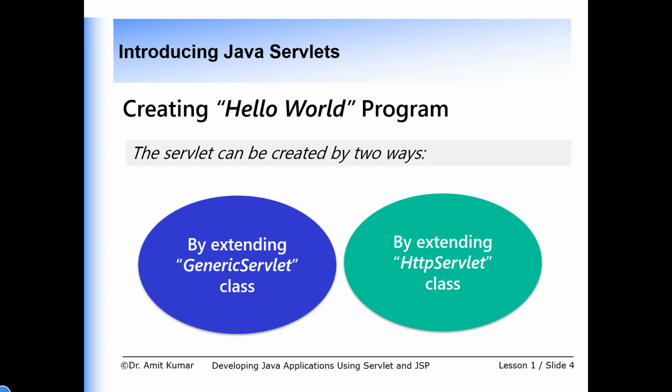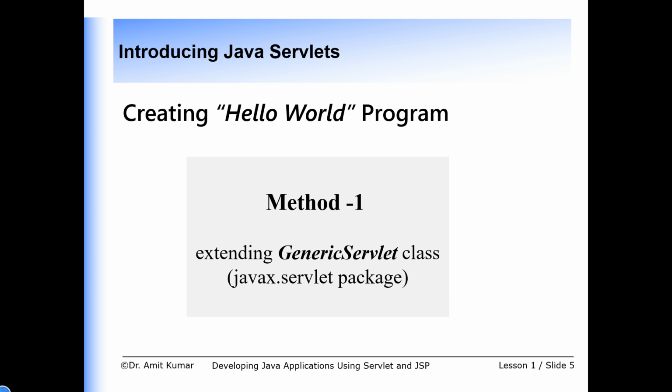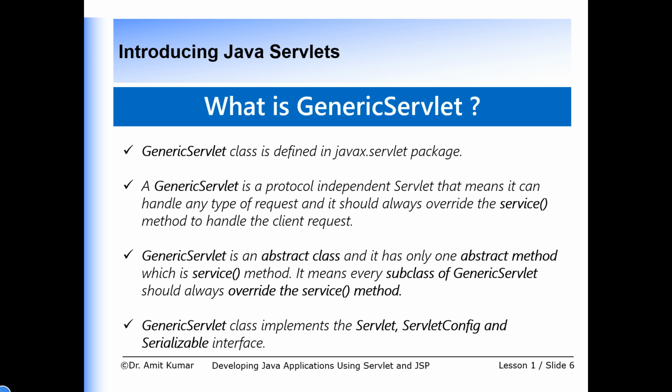The GenericServlet class is defined in the javax.servlet package, and the HttpServlet class is defined in the javax.servlet.http package. Let me go through them one by one, starting with how to create the Hello World program using the GenericServlet class.